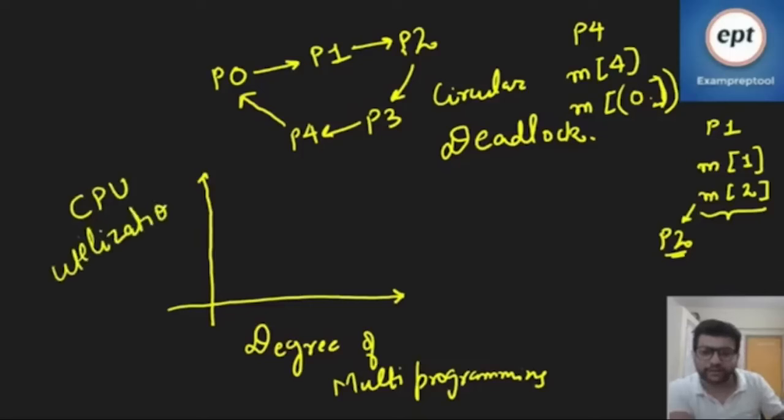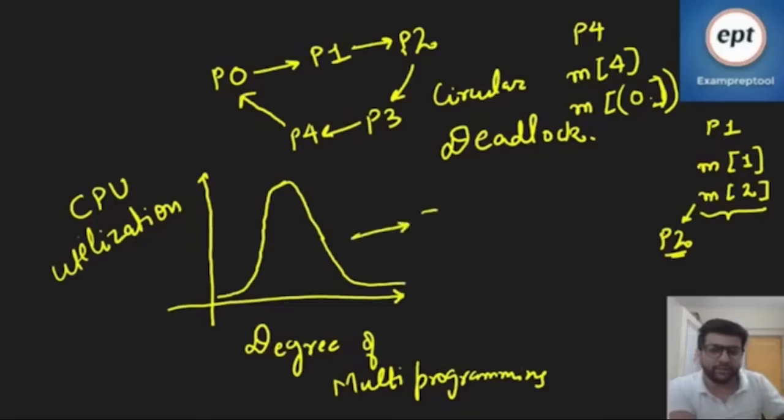If we increase the degree of multi-programming, initially the CPU utilization starts increasing. However, because of page faults, the CPU utilization starts decreasing, and it keeps on decreasing with increasing degree of multi-programming. This concept is known as thrashing.